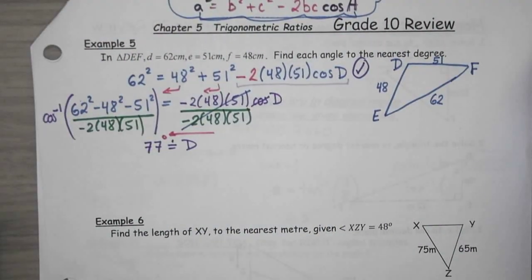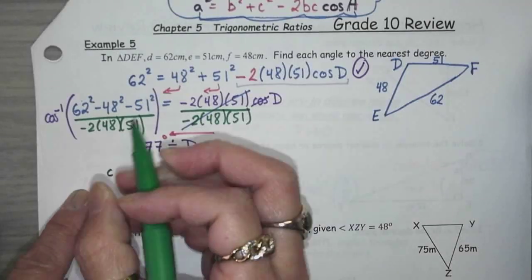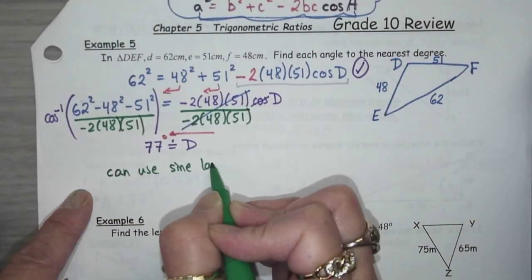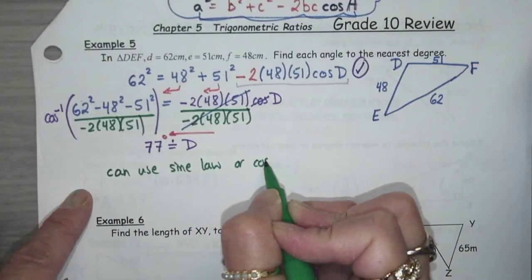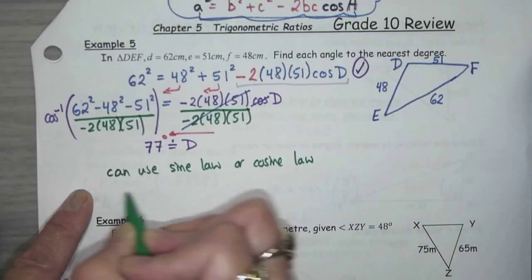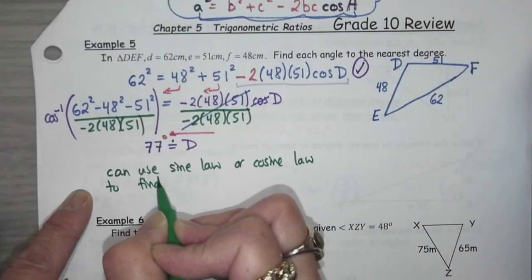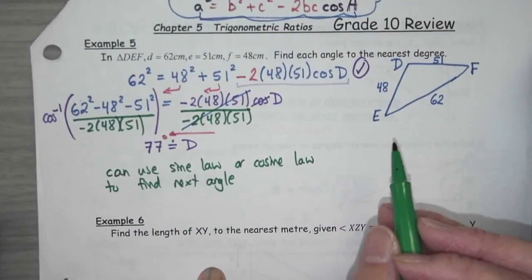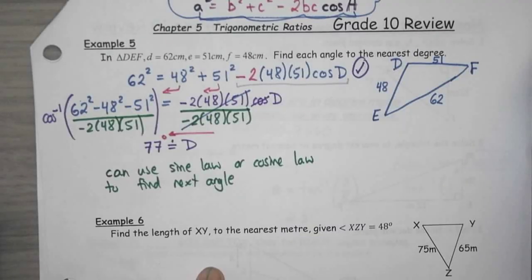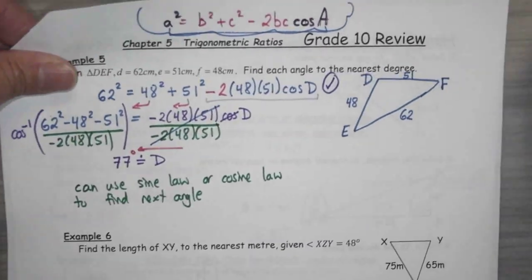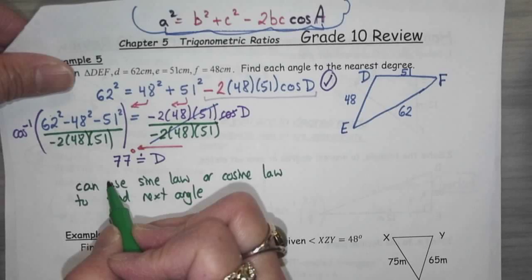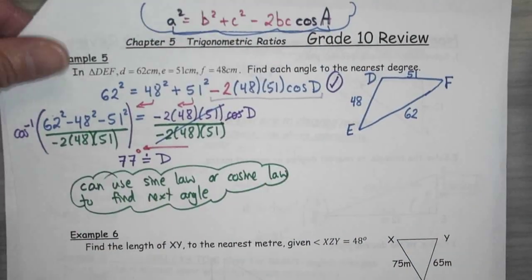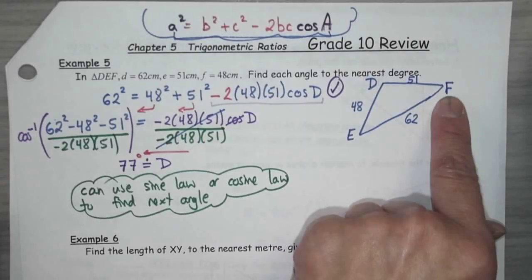So you can use sine law or cosine law to find the next angle, right? You can use sine law, but let's practice cosine law one more time, for one more angle. So let's try for F.